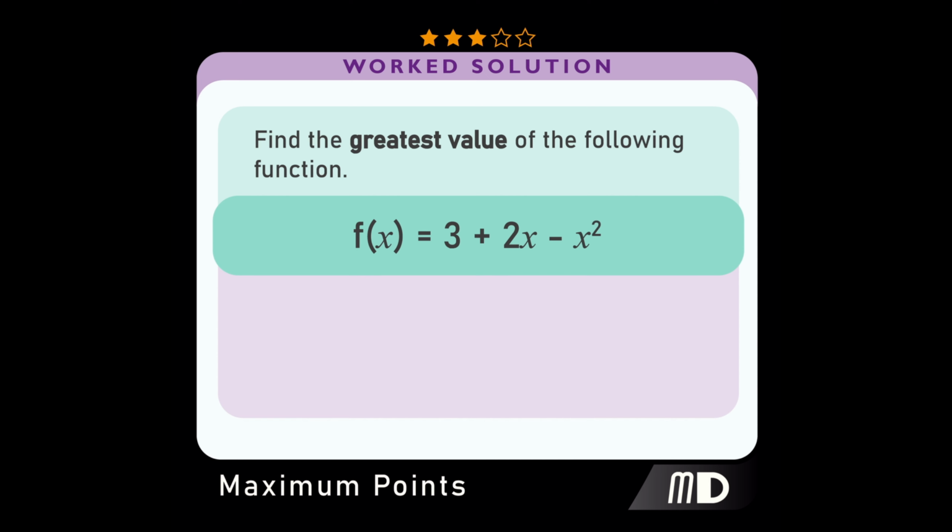Substituting that x value into the second derivative confirms that the point is a maximum, before substituting that value into the function f of x to find the corresponding y value of that point.